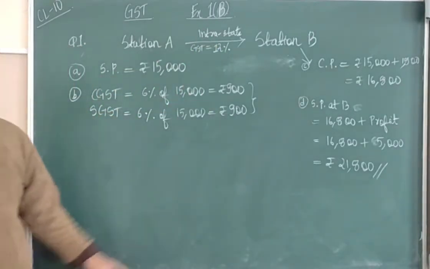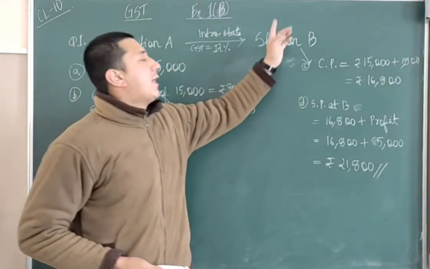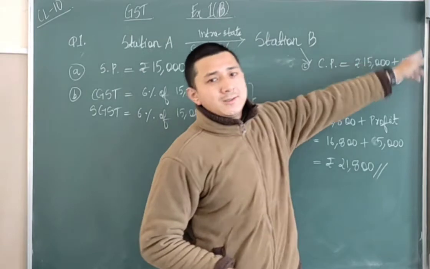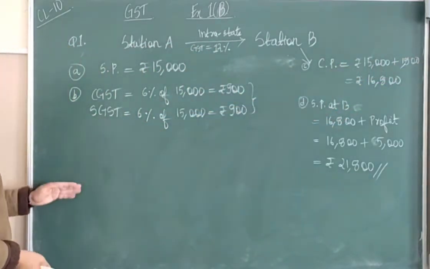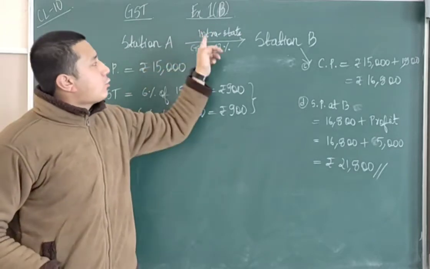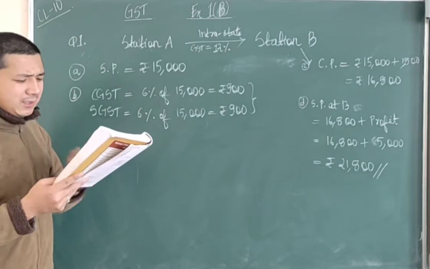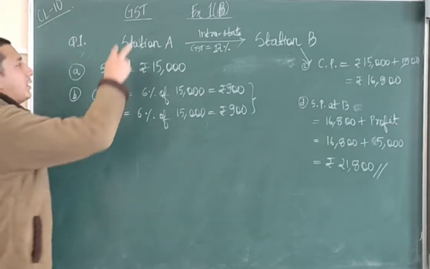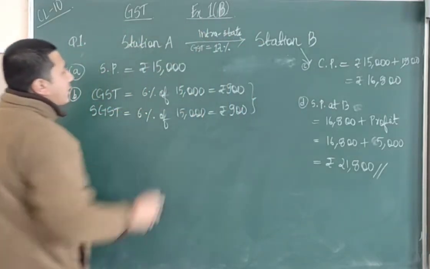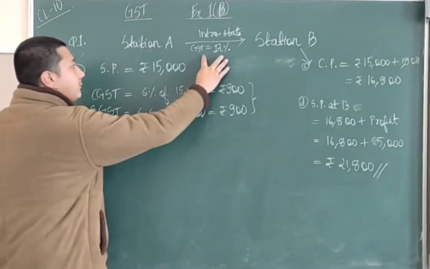Basically there are three stations actually, station A, station B, and then from station B to station C. So goods are being sold from A to B under an intrastate transaction, and the rate of GST is 12%.